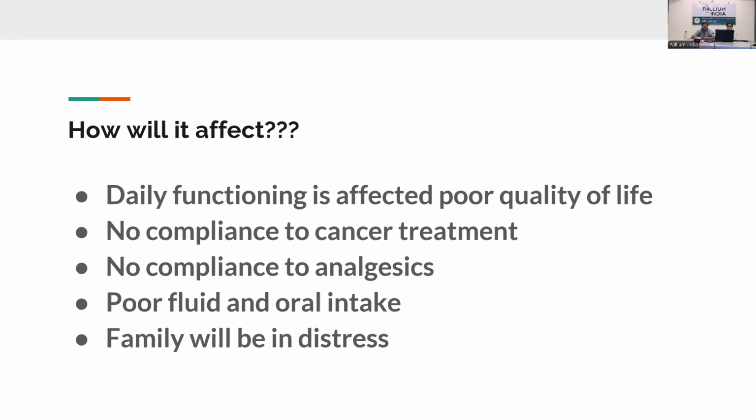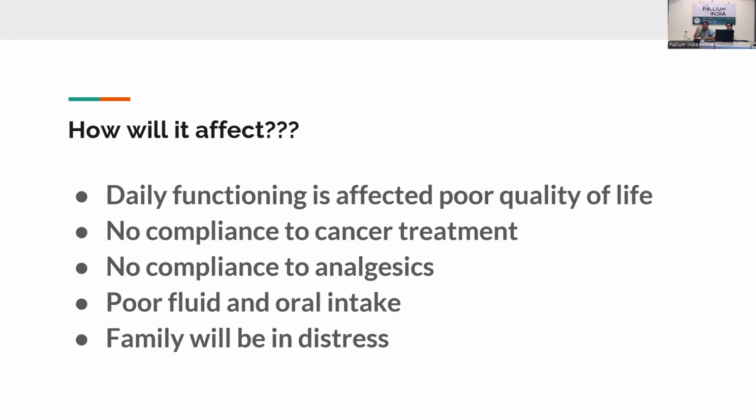And eventually, what happens? Sometimes there is non-compliance to cancer treatment. In some types of malignancies that are diagnosed very early, they tell the patient to take 5 cycles of chemo. After 2 cycles, sometimes they will stop the chemo. What is the reason?